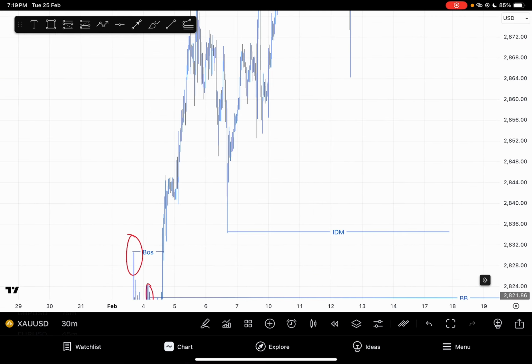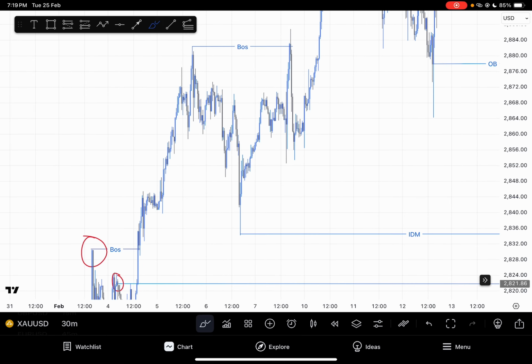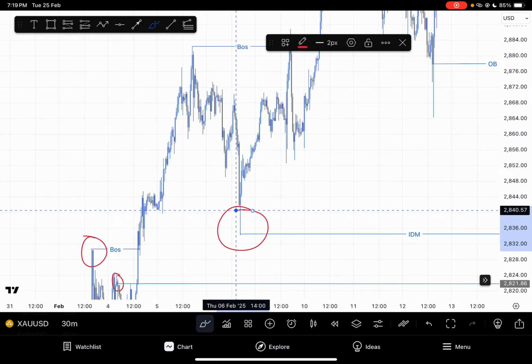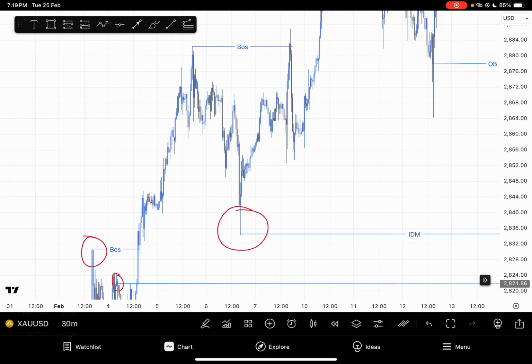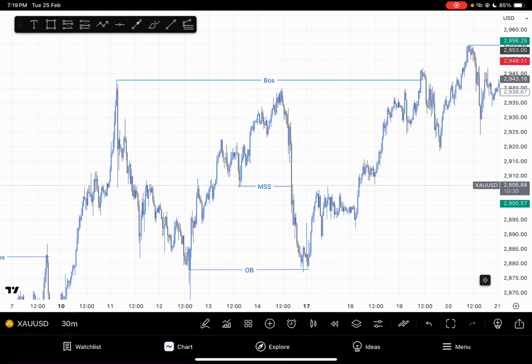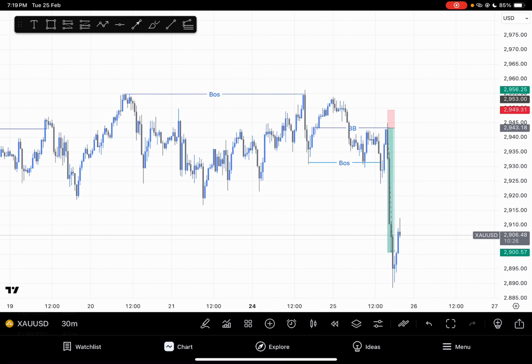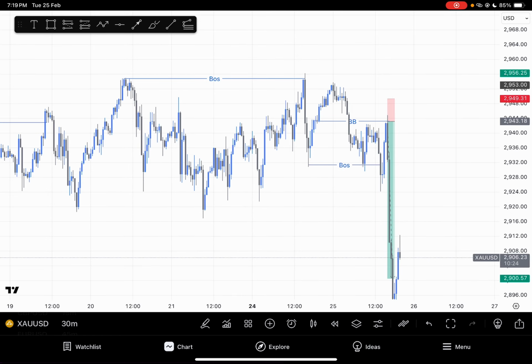Now you see price create the first pullback after the break of structure. So I'm using this as my inducement, which is the first pullback after the break of structure. You see price creating multiple break of structures, just like that, up to this point. Then you see price now coming to the downside.